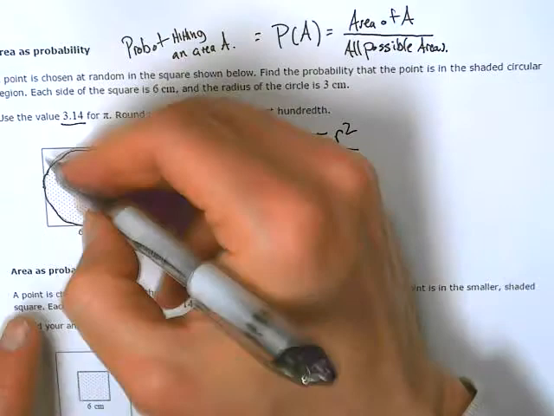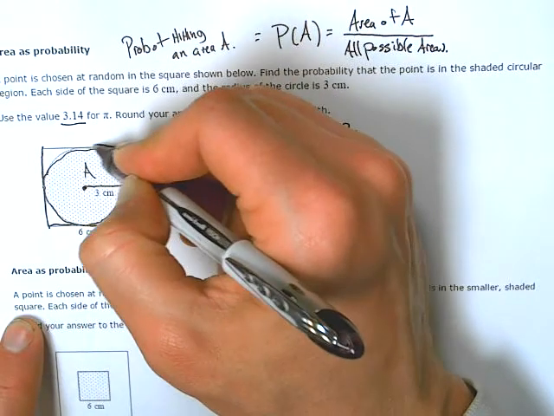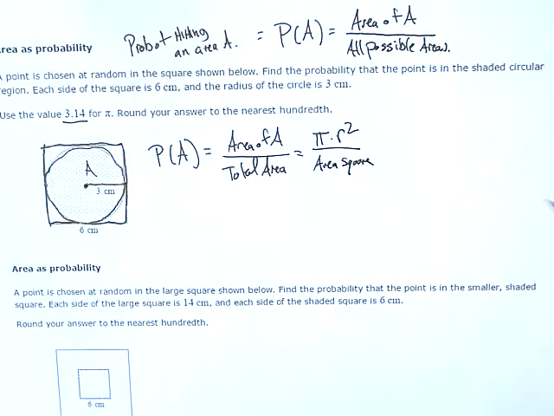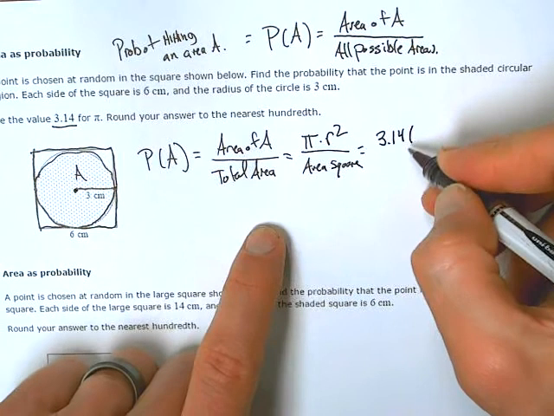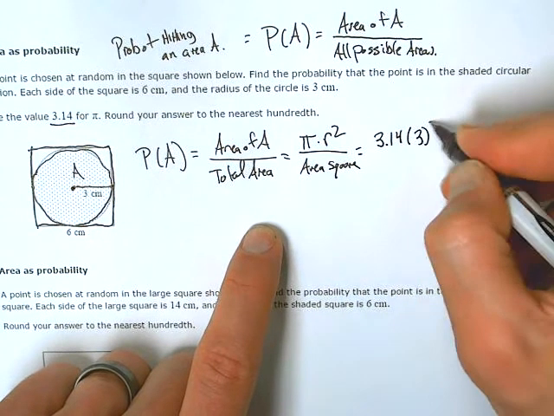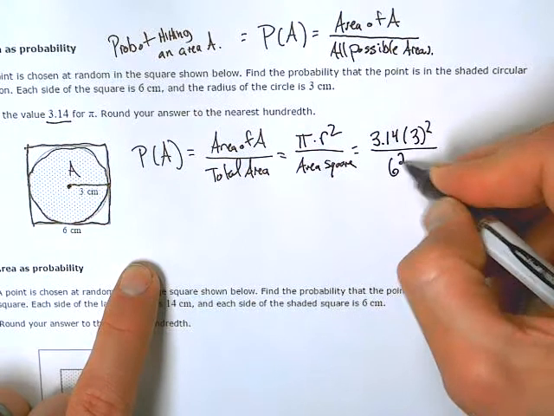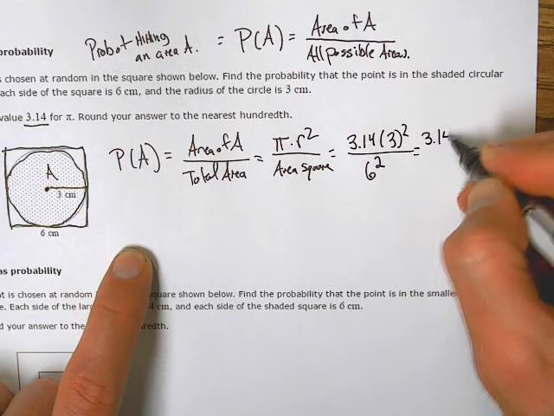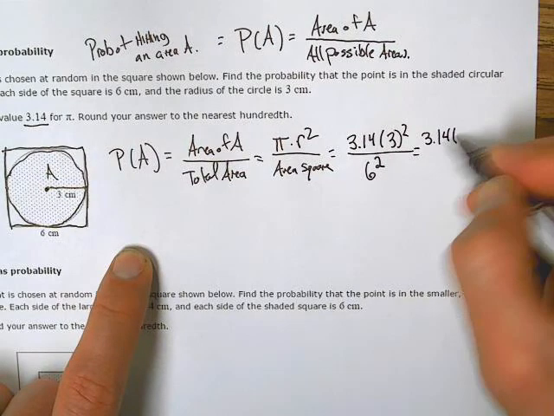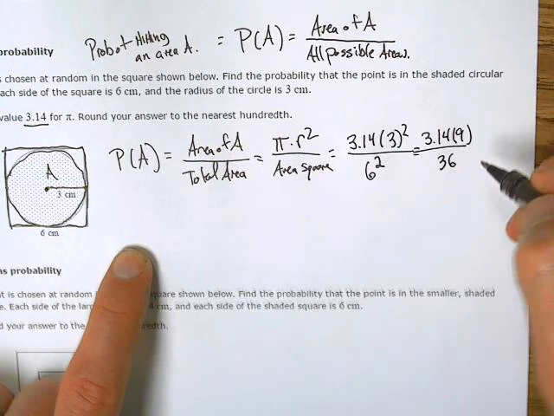If you think about the whole possible thing, the square includes all possible areas. So pi r squared is going to be 3.14 times r squared. That's going to be 3 squared in this problem. And the area of the square is just going to be 6 times 6, or 6 squared. So we have 3.14 times 3 squared, which is 9, and then that'd be out of 36.